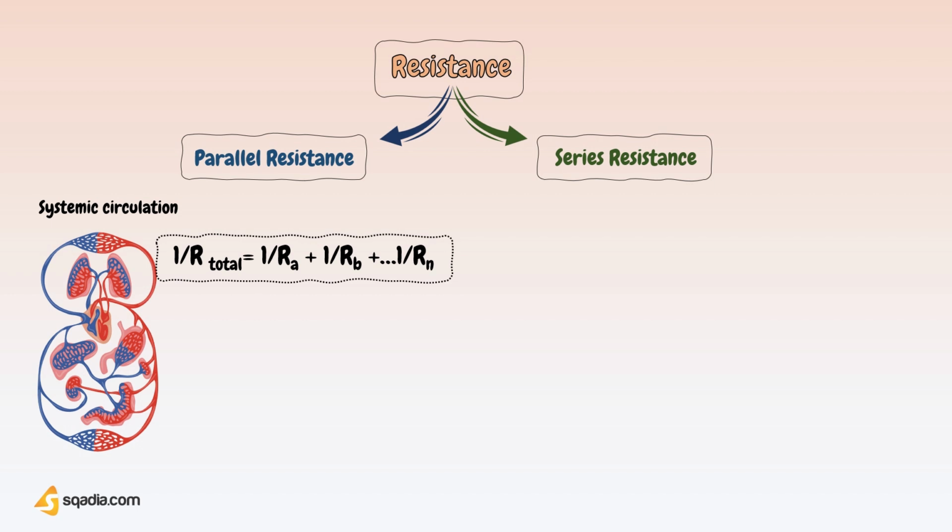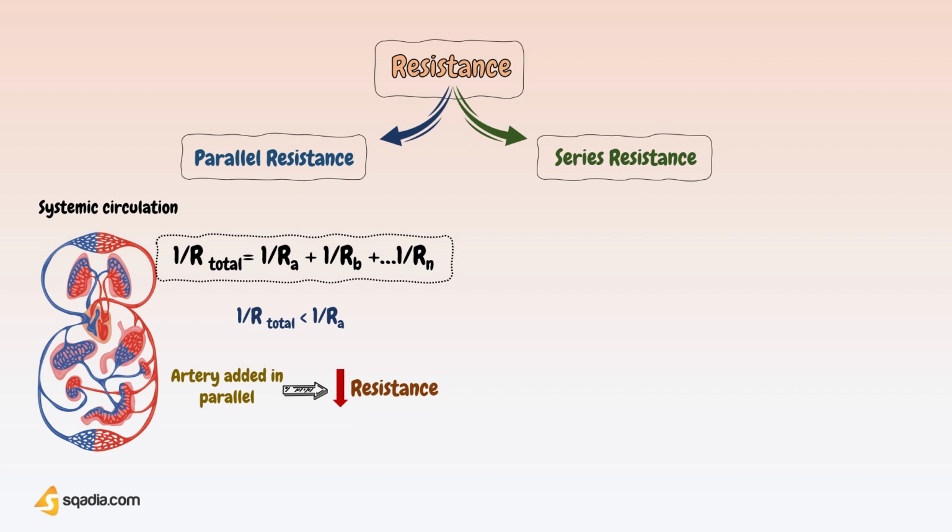Now, this equation actually represents that each artery in parallel receives a fraction of the total blood flow, and so the total resistance is less than the resistance of any of the individual arteries. So, according to this equation, when an artery is added in parallel, the total resistance decreases, and in each parallel artery, the pressure is the same.